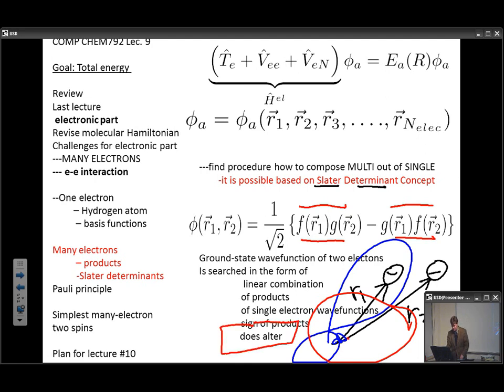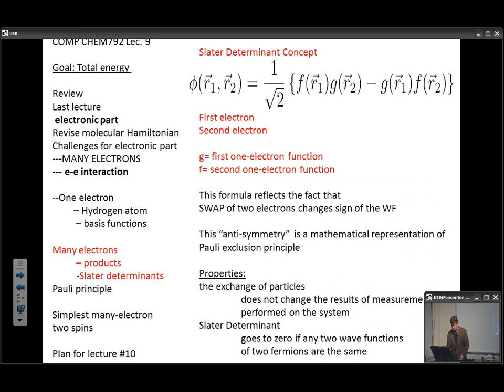Sign as alternation. First electron, second electron, one function, another function, and one builds this composition.